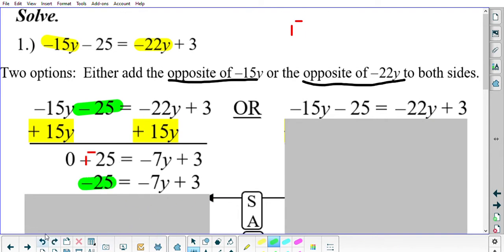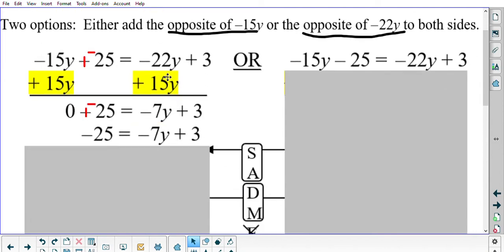I don't know. Maybe some of you would, maybe others of you wouldn't. If you think you wouldn't, then maybe you should make the subtraction out of the opposite. If you think you would, then maybe you don't need to. So this is where I'm going to start giving you some freedom here. You decide.